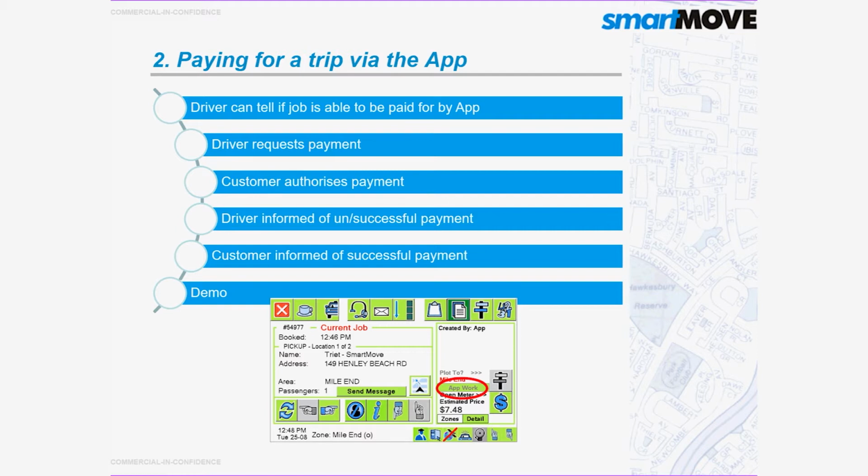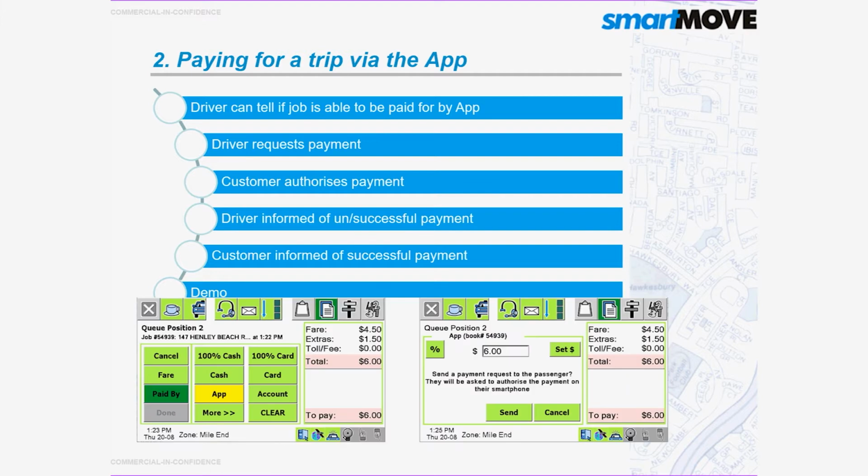Normally you would see the word account, but because it can be paid for with the app, then we display app work. So your drivers, if they see this, they should be aware that the job can be paid for in-app. So at the end of the job, the system knows that the job can be paid for by the app, so we highlight the app button for the driver.